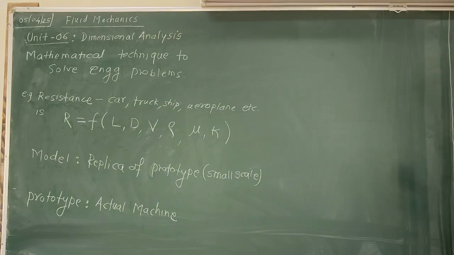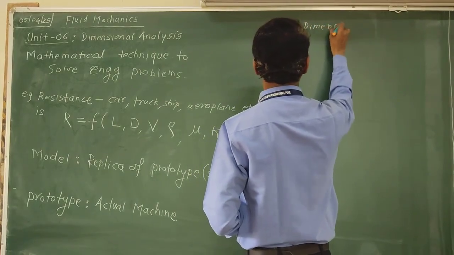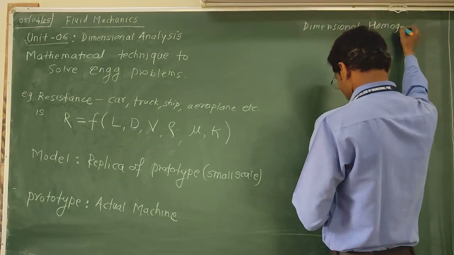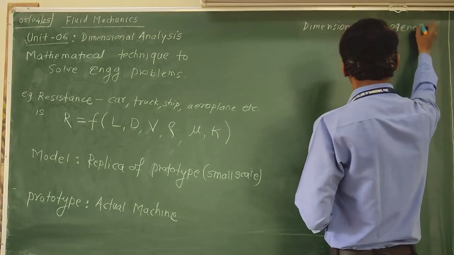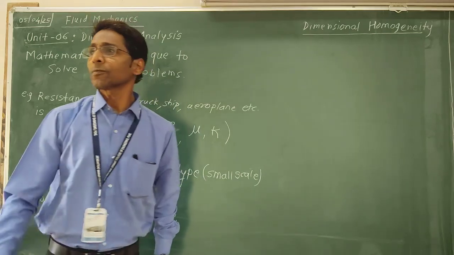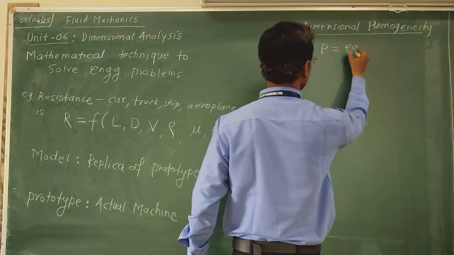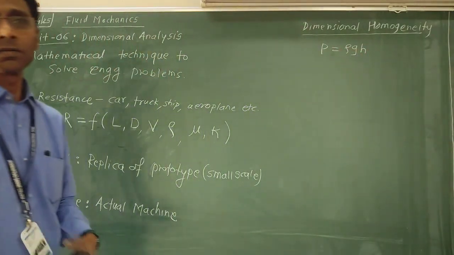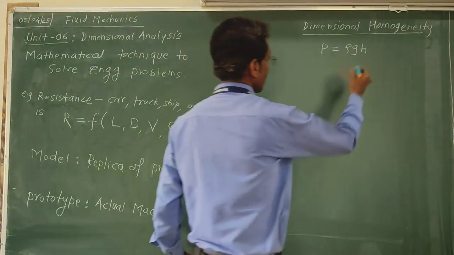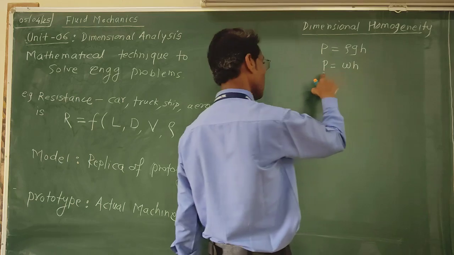Then here one principle is required, that is called as dimensional homogeneity. What is it? Dimensional homogeneity. Means what? Here any equation, if you take that equation, suppose P is equal to rho g h. This is what? Equation of pressure. So in this, left side is a pressure and right side is either rho g h or w h.